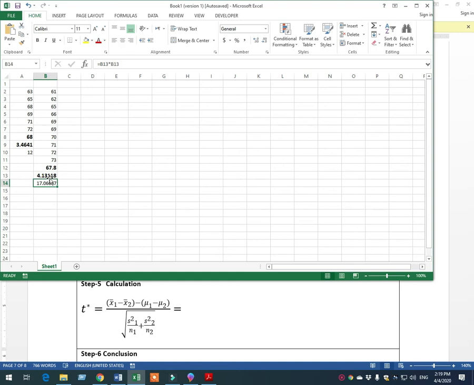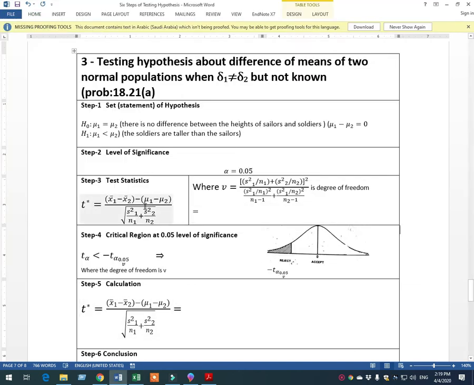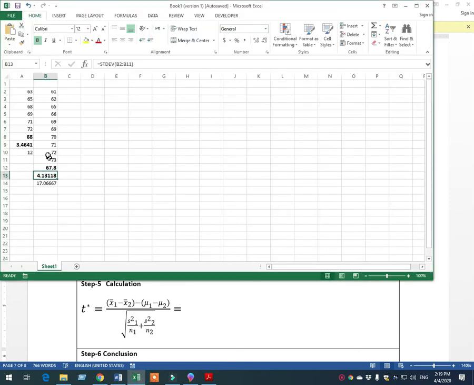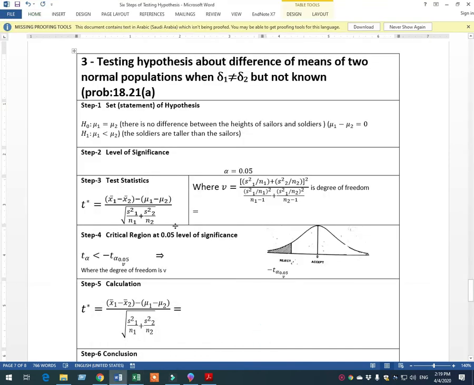Obviously variance is the square of the standard deviation. Because you know the procedure of calculating the mean and the variance, I'm leaving it for you. First of all, we have to calculate this degree of freedom to have the critical region value. I have already done it for you.